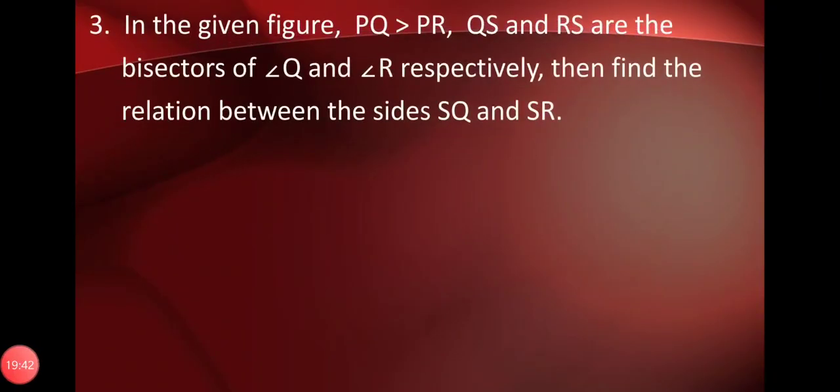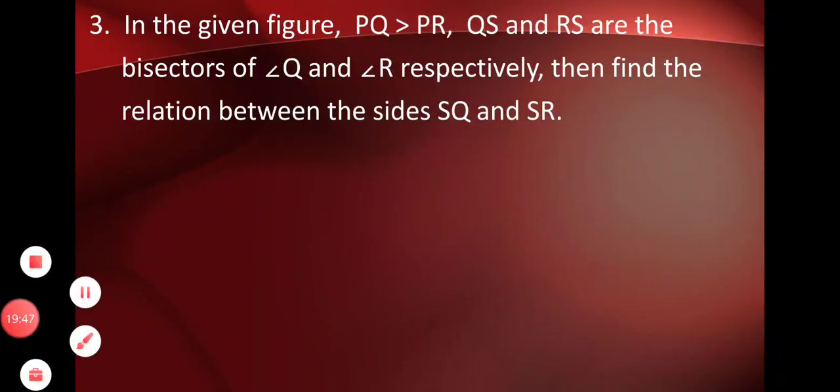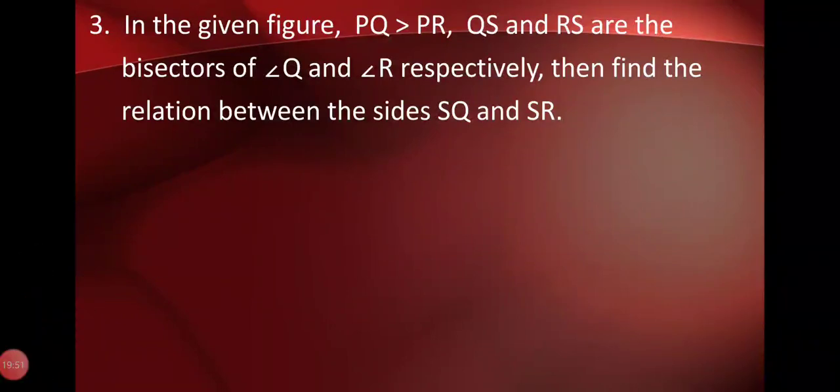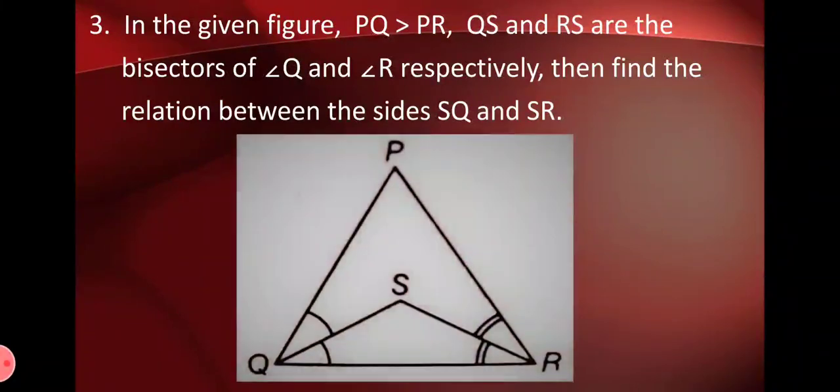Next question, number 3. In the given figure, PQ is greater than PR. QS and RS are the bisectors of angle Q and angle R respectively. Then find the relation between the sides SQ and SR. Let's see the figure.